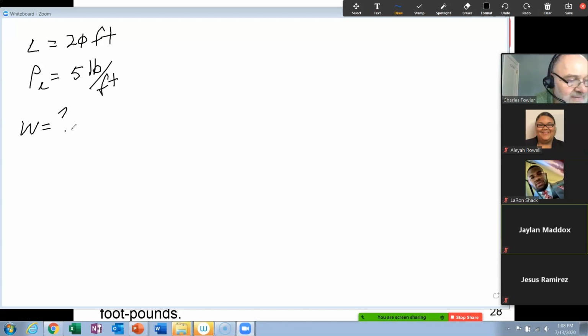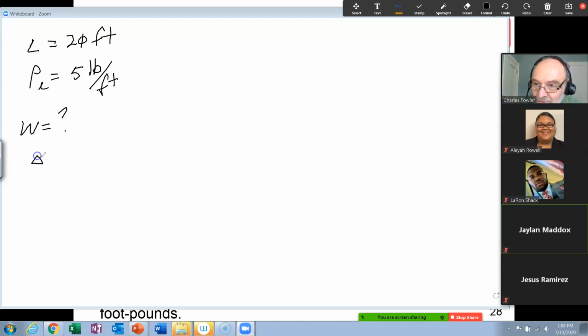Okay, so let's imagine that the chain is divided into small sections, almost links, each of length delta y. That's going to be our incremental length.